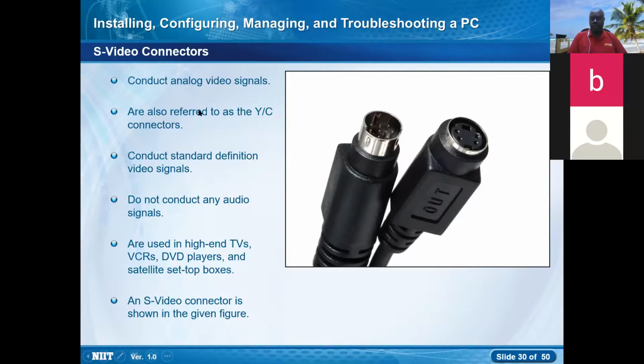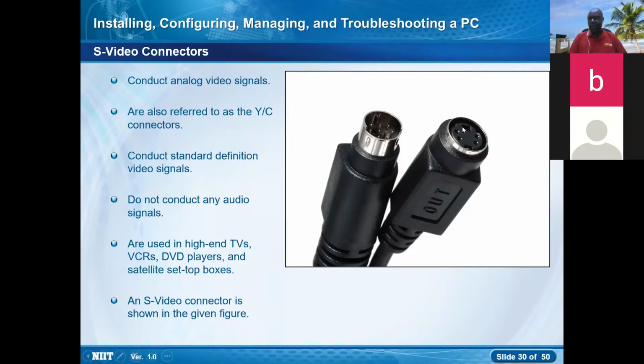They also conduct electric signals in the form of analog signals. Again, these are literally obsolete. It's very difficult to find them being used.